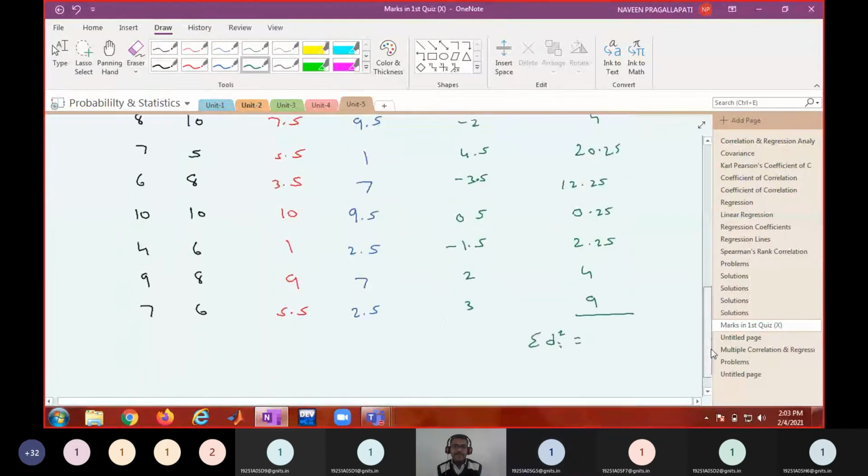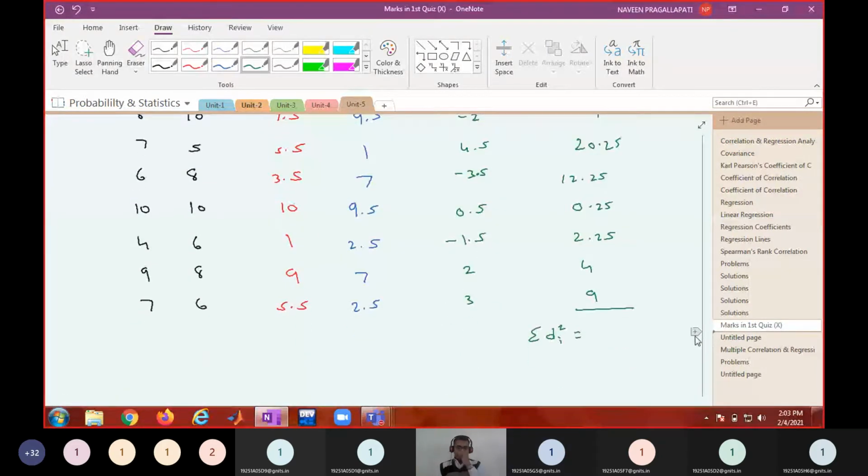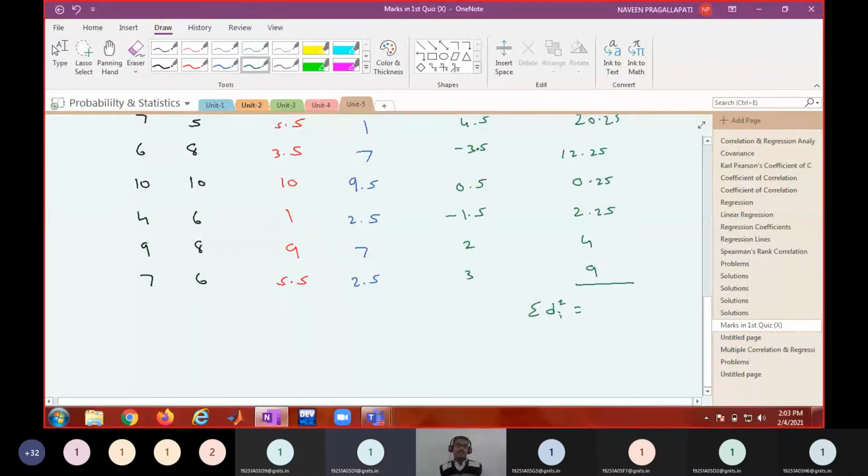What is the summation? 79.75. So once you got this, now simply write down the formula.